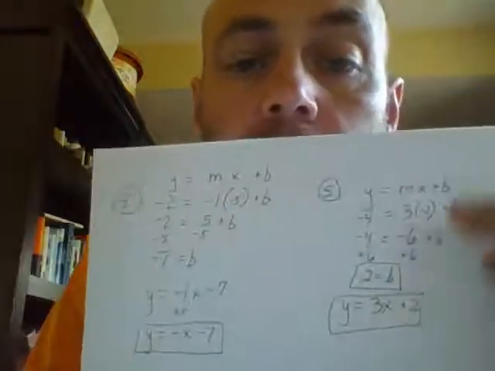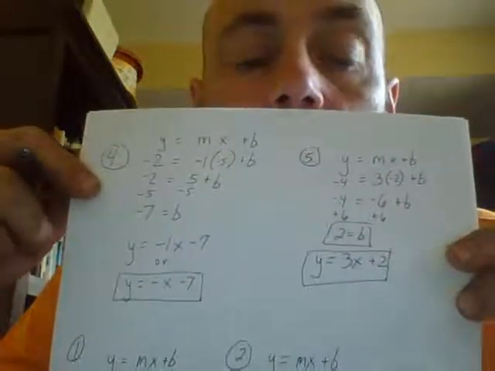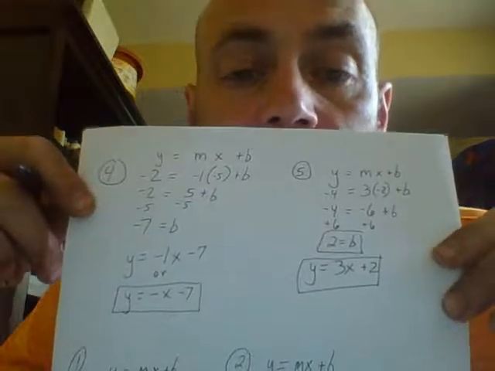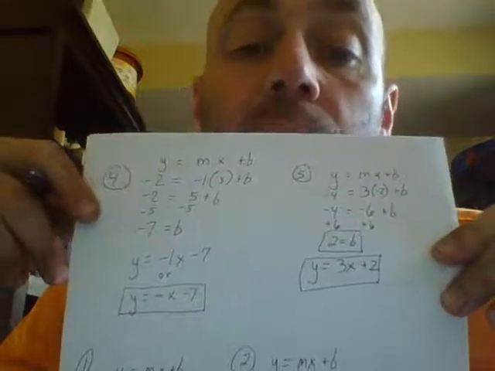Number 4 and 5 I did for you. And I will write those equations real quick. So you have negative 2 is your y, your slope is negative 1, and your x is negative 5 for number 4. Here's number 4 up there, top here in the corner. Negative 2 equals negative 1 times negative 5 plus b.